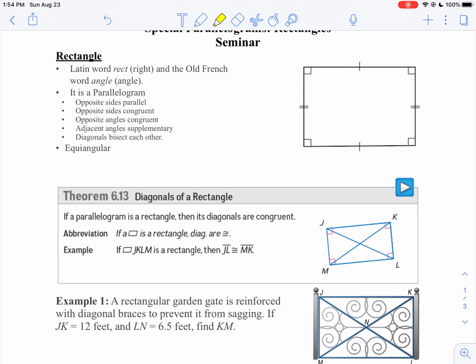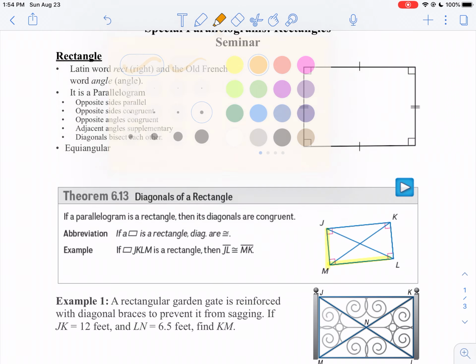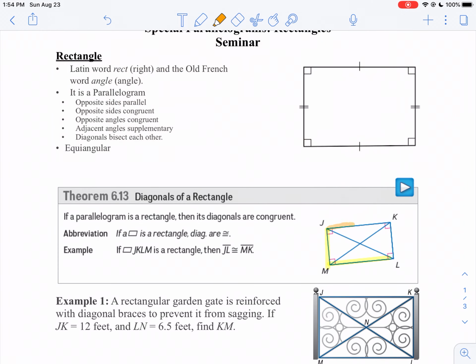We can look at this by looking at the overlapping triangles here. If I look at triangle JML and I look at triangle, I won't do overlapping, I'll do JKL. Since it's a parallelogram, we know both pairs of opposite sides are the same.